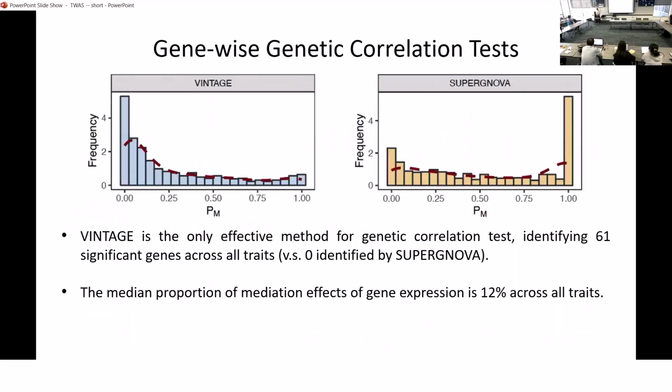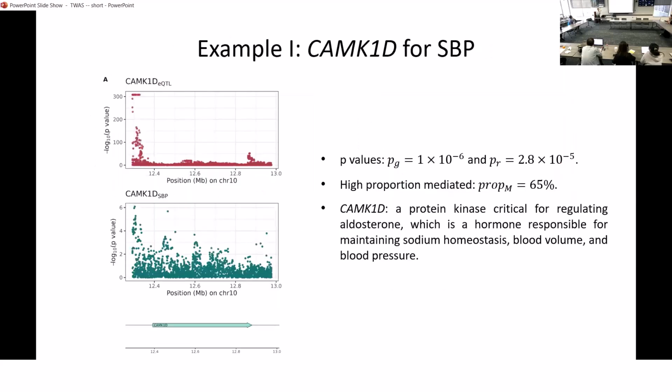For the genetic correlation test, VINTAGE is the only effective method, identifying 61 signaling genes, while other methods identify 0. And VINTAGE estimates the proportion of mediation effects through gene expression to be about 12% across all traits. Again, very consistent with early studies on similar traits.